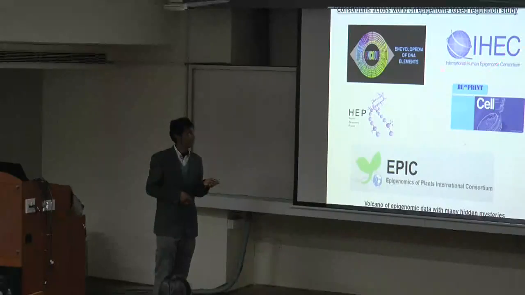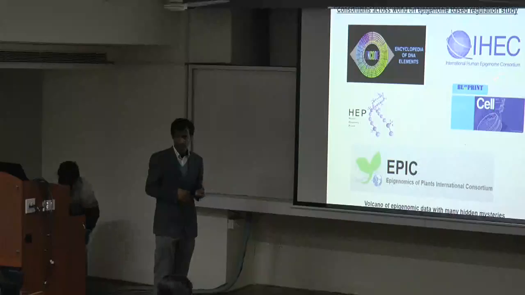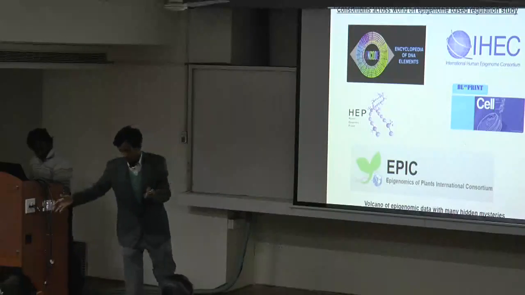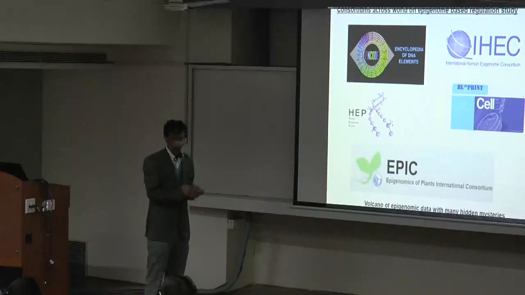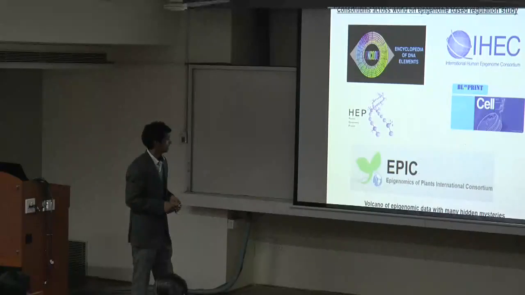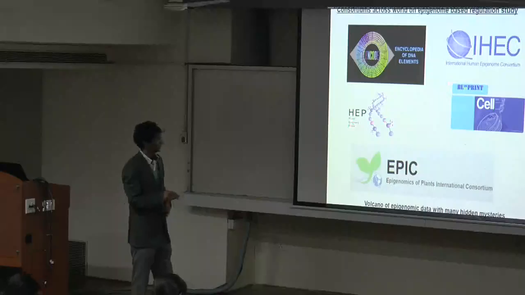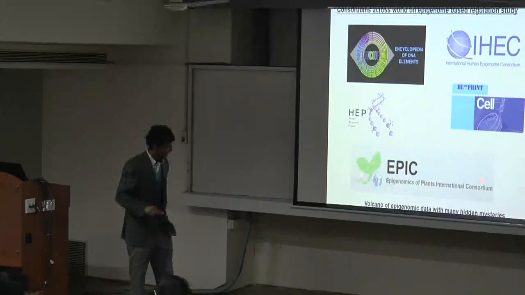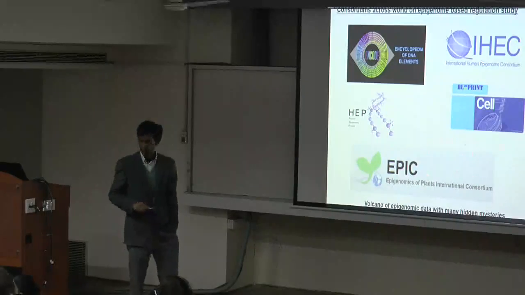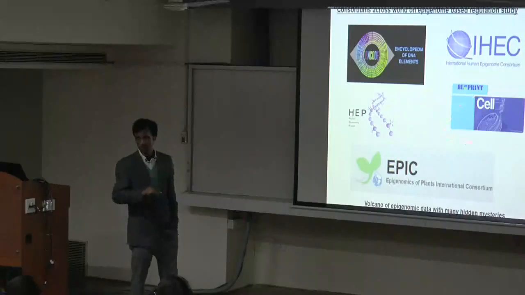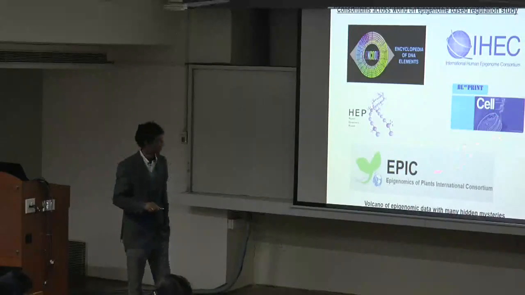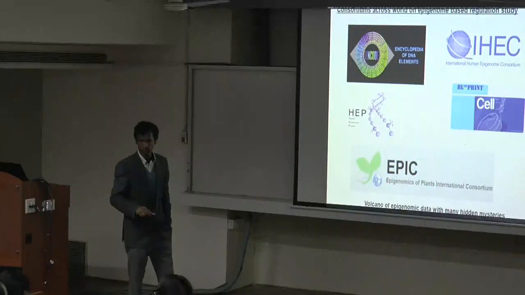We published an autism paper with 40 plus other papers. So we published it together. And then there was the Human Epigenome Project. This was before IHEC, but now it has been merged into IHEC. And we have still another consortium that could overwhelm all the other consortiums in coming years. That's EPIC, the Epigenome of Plant International Consortium.